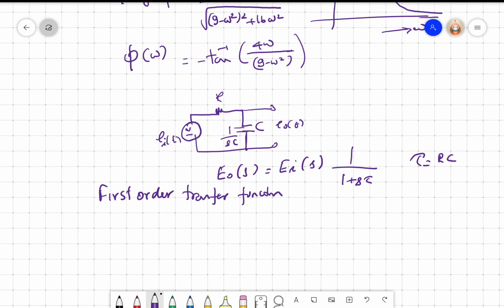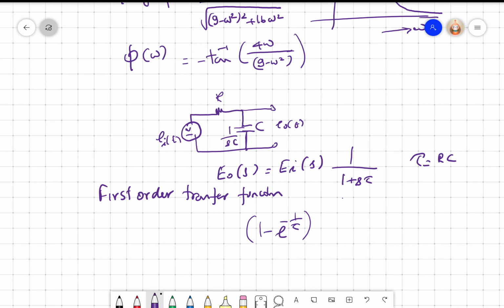So if I look at this 1 by s plus tau, the inverse Laplace transform would be 1 minus e power minus t by tau.